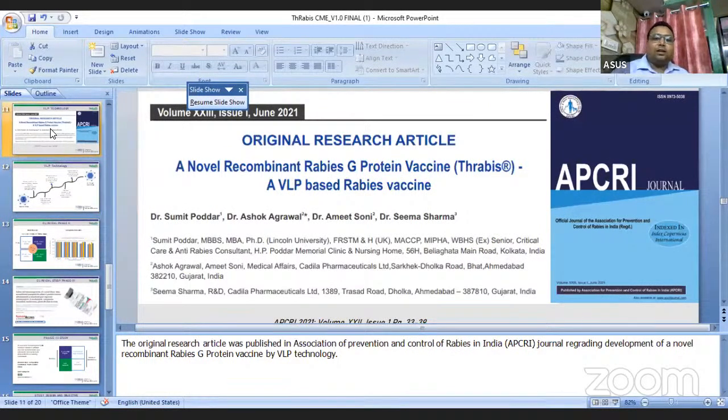Original research article: a novel recombinant rabies G protein vaccine, Thravis, a VLP-based rabies vaccine. We can see on the article Dr. Sumit Poddar, Dr. Ashok Agrawal, Dr. Amit Soni, Dr. Seema Sharma.